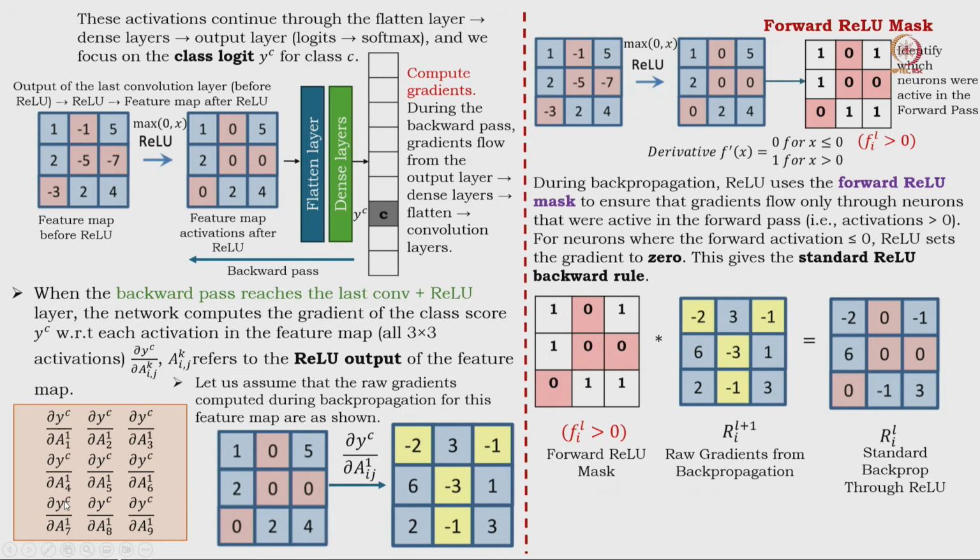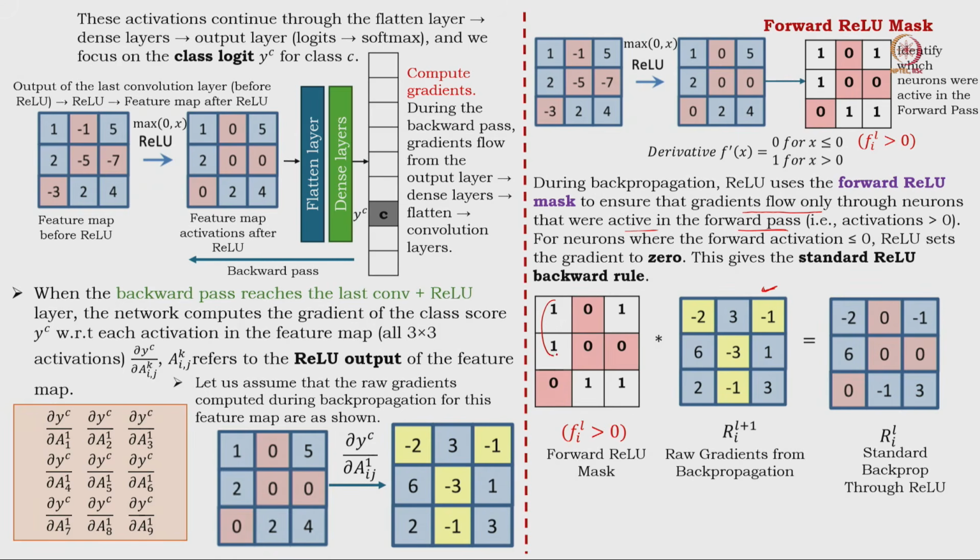Formally, during backpropagation, ReLU uses the forward ReLU mask to ensure the gradients flow only through those neurons that were active in the forward pass.